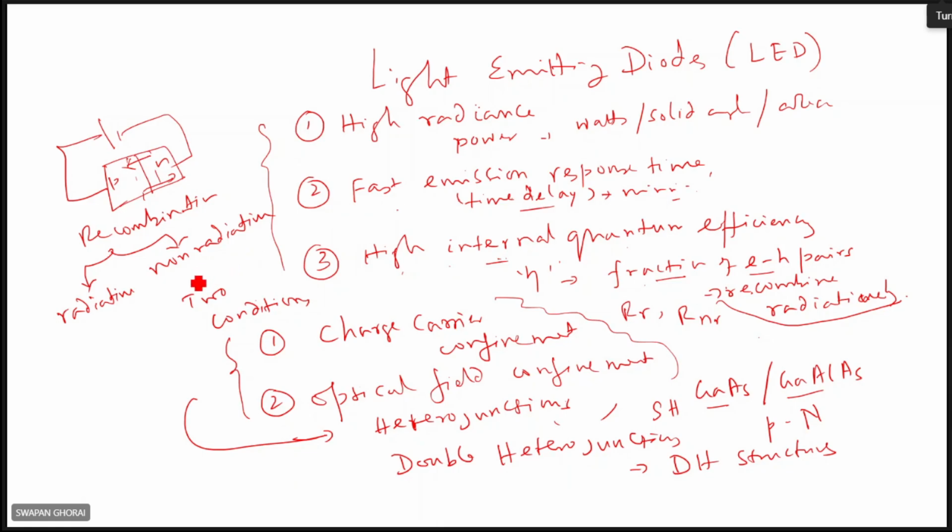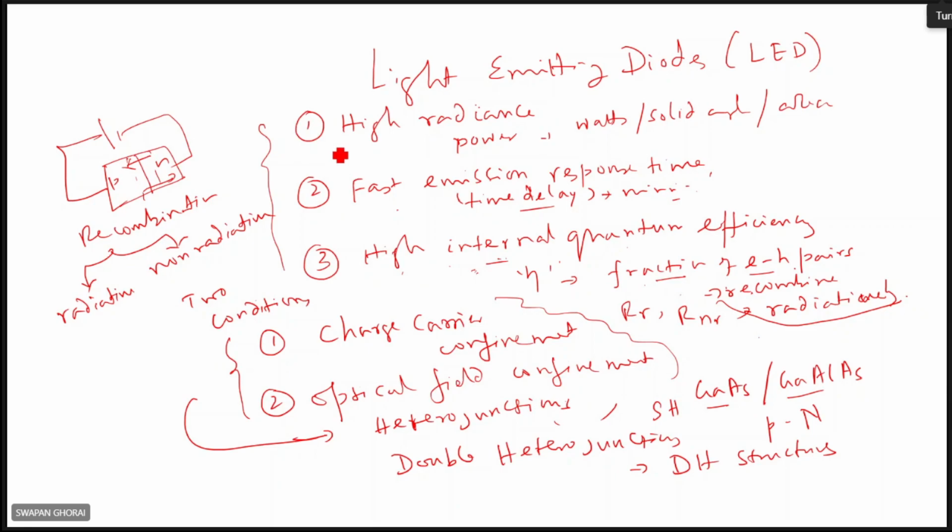Energy can be transferred to lattice vibration, like heat, not radiation. So not always will you get the emission of light; it can be converted to other forms. The internal quantum efficiency is related to the fraction of electron hole pairs that recombine radiatively. So it must have high quantum efficiency. We'll see how it can have high eta.